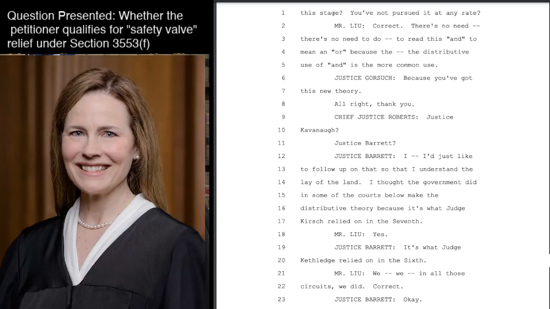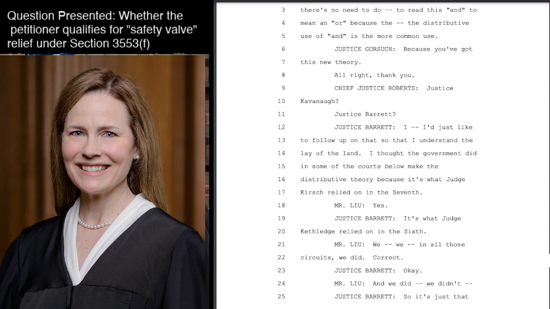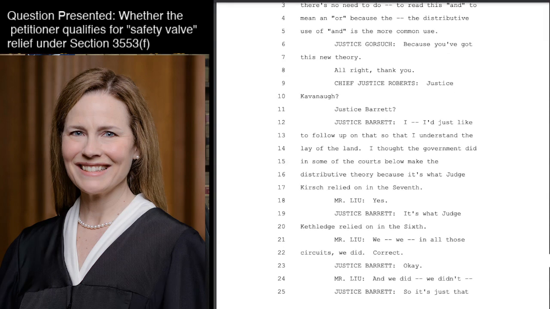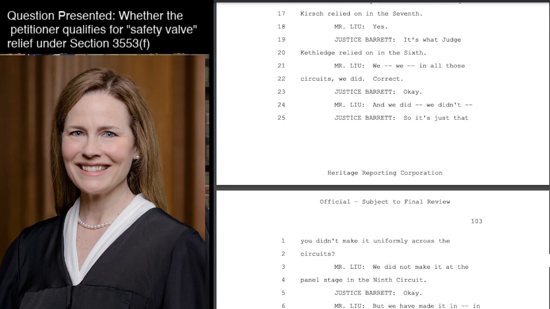I'd just like to follow up on that so that I understand the lay of the land. I thought the government did in some of the courts below make the distributive theory, because it's what Judge Kirsch relied on in the 7th. It's what Judge Kethledge relied on in the 6th. In all those circuits we did, correct. Okay. And so we did, it's just we that didn't. You didn't make it uniformly across the circuits.